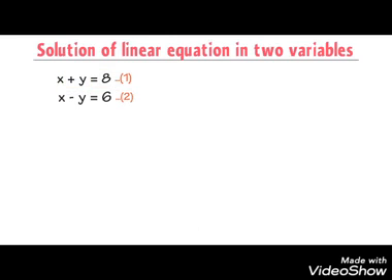And then look at equation number 2, where the coefficient of y is minus 1. So if we add equation number 1 and equation number 2, plus y and minus y will be cancelled out. And we will get only x variable. And then solving one variable equation will be a pretty easy job.